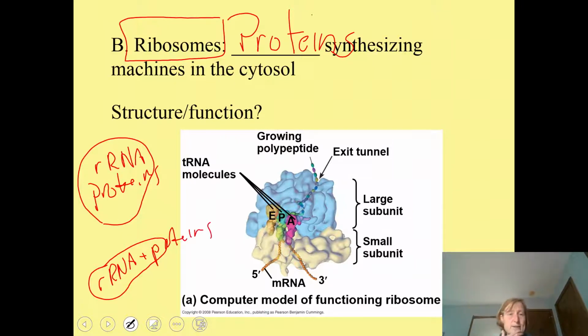So they're complicated. But let's take a look at specifically their structure. There are binding locations in the ribosome for the tRNA molecule, and binding locations for the mRNA molecule. They bring together the mRNA and the tRNA so that translation can happen.